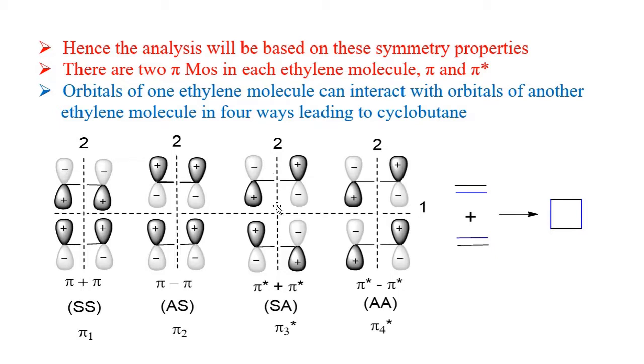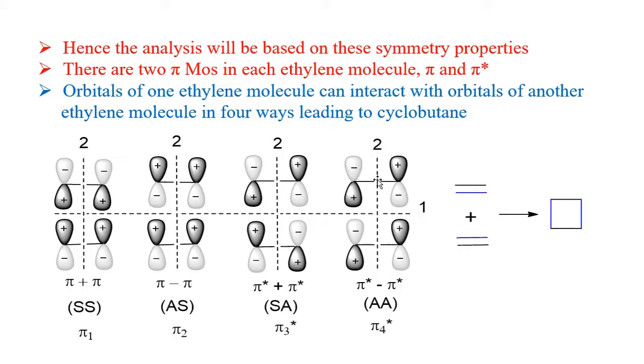And for this combination, the horizontal plane of symmetry is identical with respect to this, and so it is symmetrical. But if we look into the vertical plane of symmetry, then you can see this half is not identical with this half. So there is no vertical plane of symmetry, and so it is anti-symmetric. And in the last case, the horizontal plane of symmetry, this is not identical with this molecular orbital, so it is anti-symmetric.